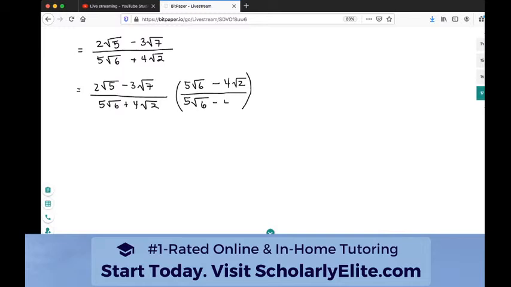Okay, guys. So now all we need to do is FOIL in the numerator, and the denominator ends up being a difference of squares. So that's something that can save you a lot of time, is that you will know that the denominator is a difference of squares.